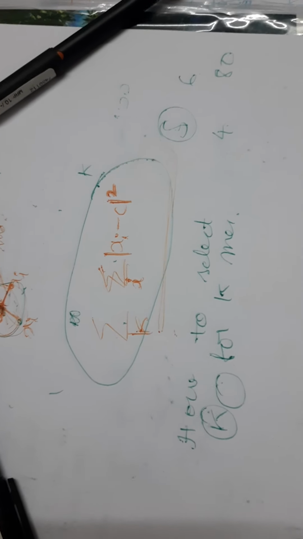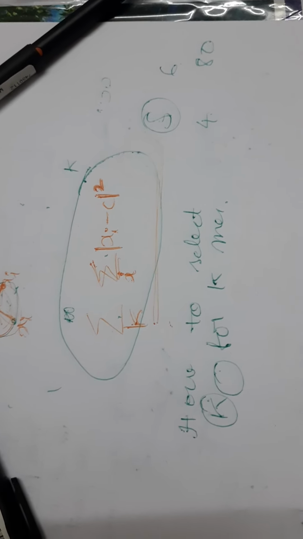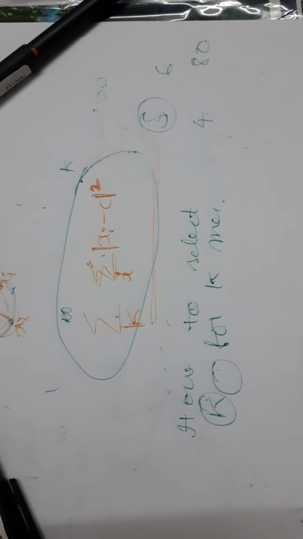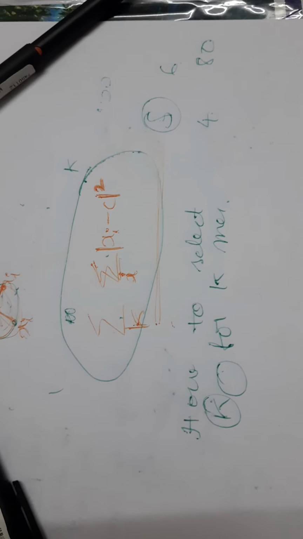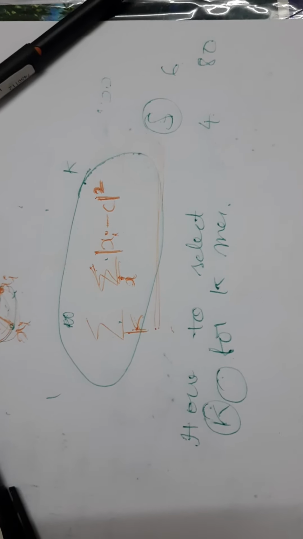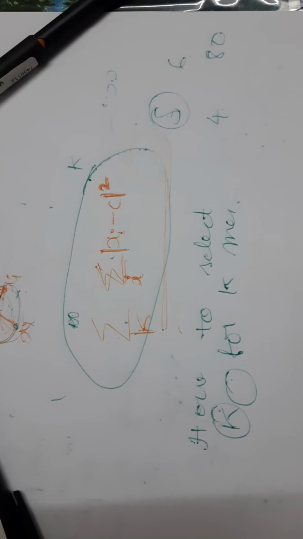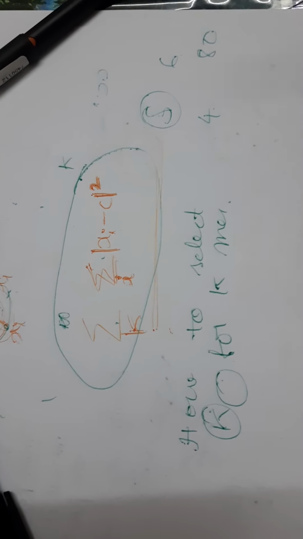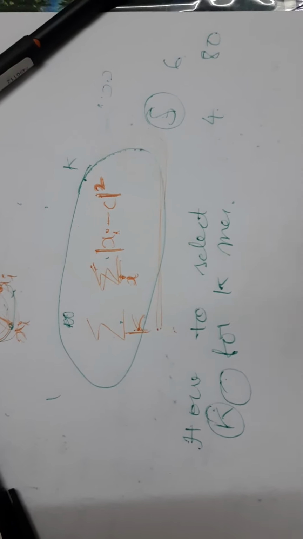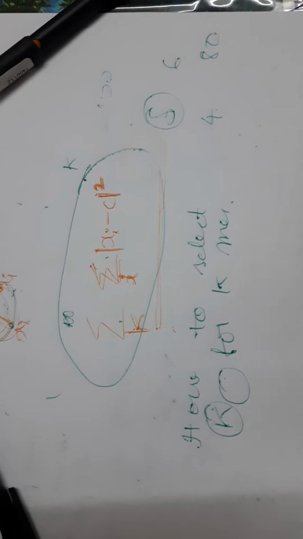So how can we select k for k-means is equivalent to how many clusters do you think are there in the data, or how many clusters should we tell the algorithm to find, because this is that kind of algorithm where we need it beforehand.